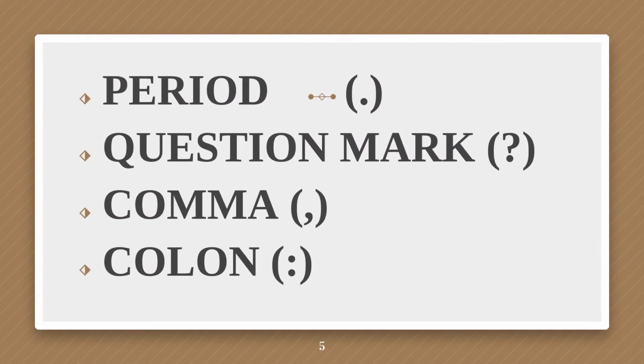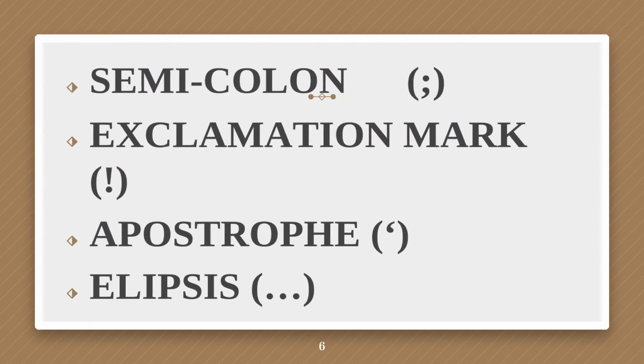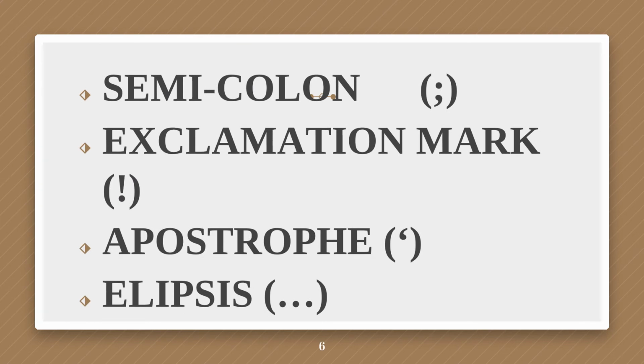Number one, period, or we call it full stop, and the sign you can see here is the small round dot. The second is question mark, and the sign for this is this one. Comma, the sign is in front of it. Colon, two dots vertically. Semicolon, you can see the sign. Exclamation mark, you can see the sign.